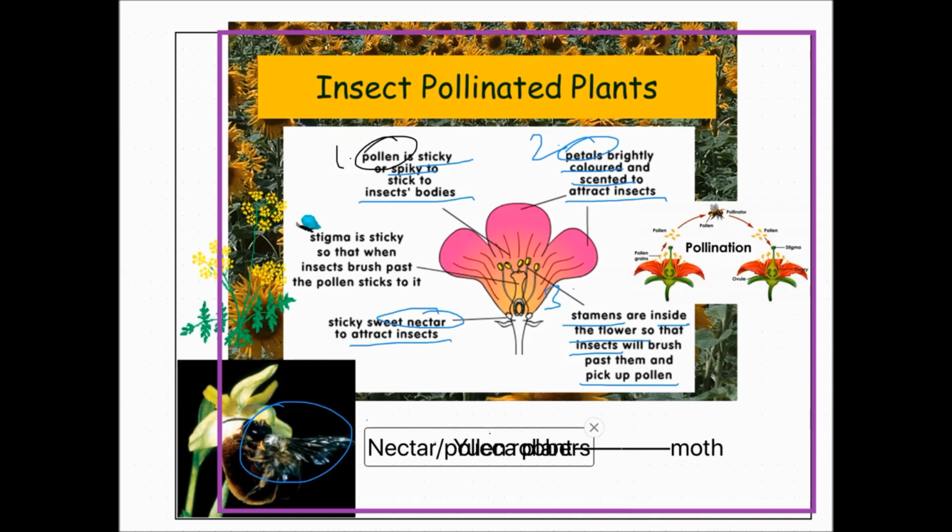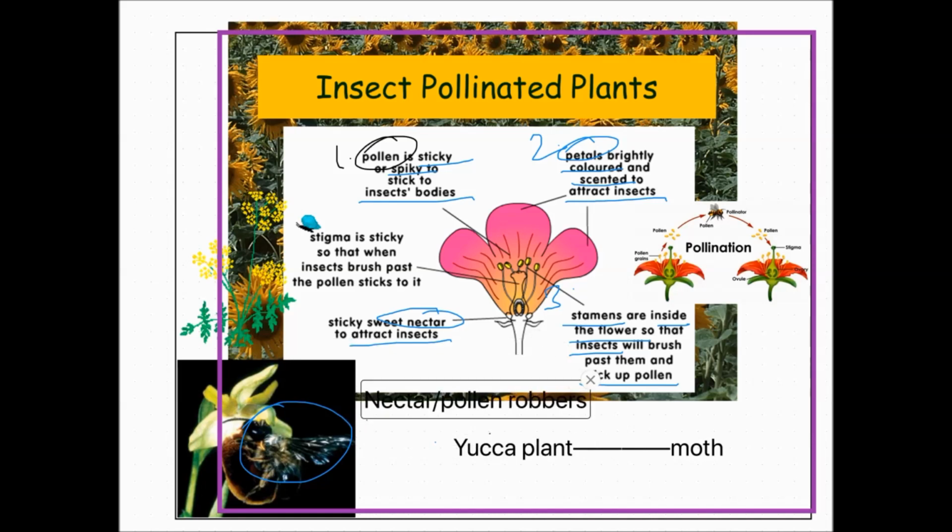Such insects which are attracted, and eat or consume the pollens and suck the nectar, are called nectar or pollen robbers, isn't it?